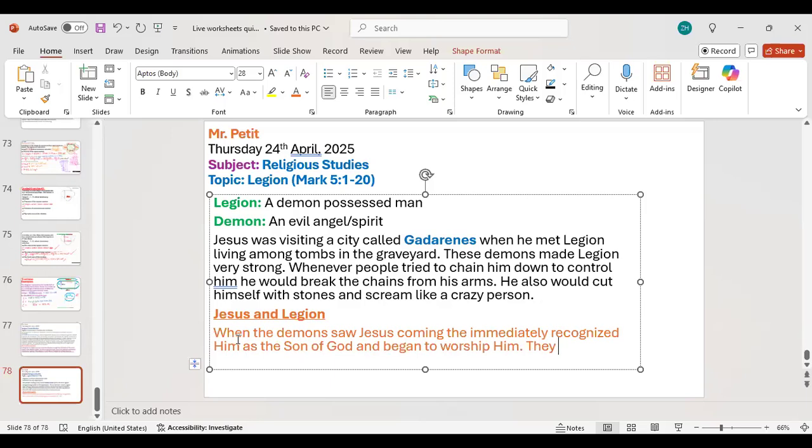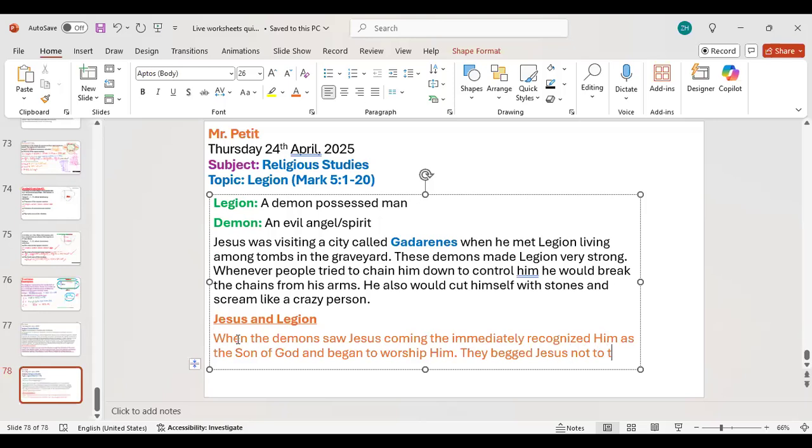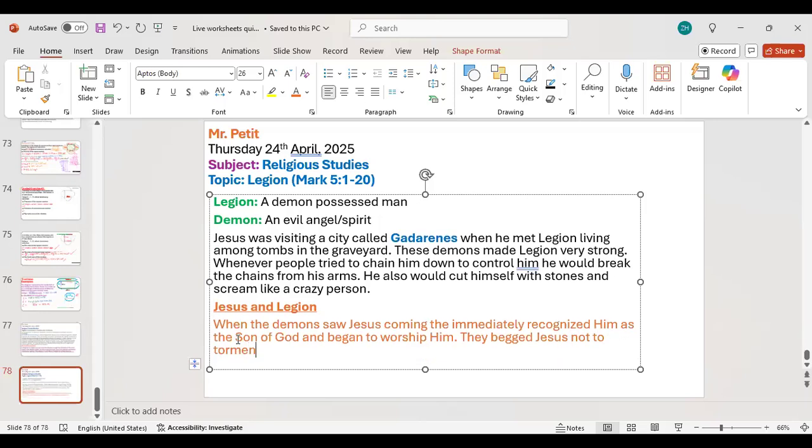They begged Jesus not to torment them. Now Jesus asked for his name, but then the demon spoke for him.